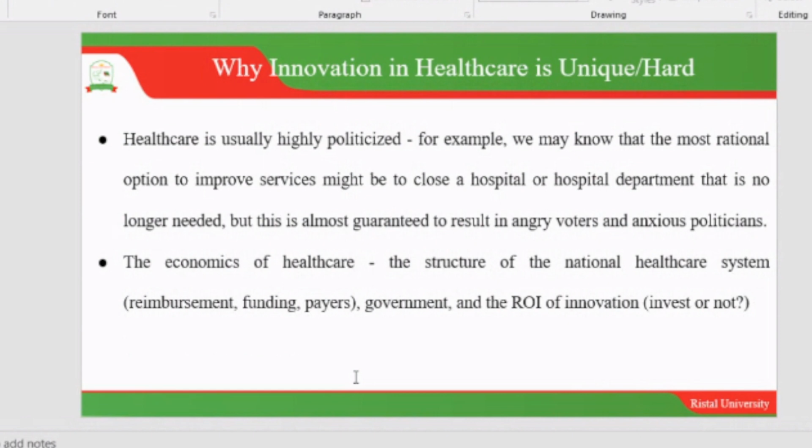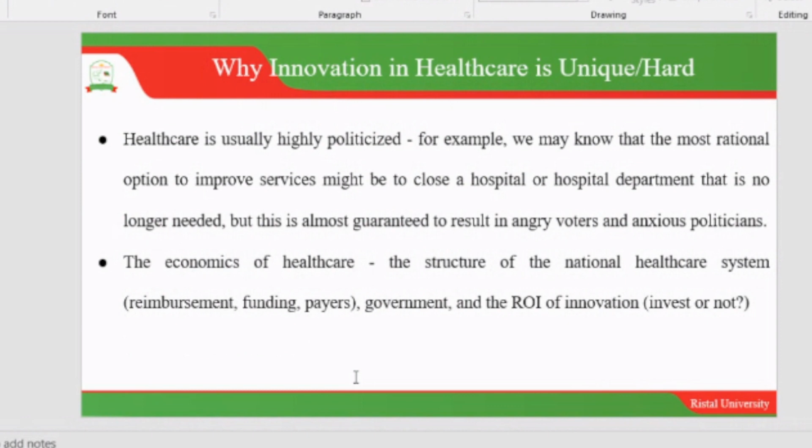Okay, because of that, the political bit in the healthcare. Since it is something that people consider to be a public good, they are so much entitled to receiving the services and demand that these services are received in quality and quantity.